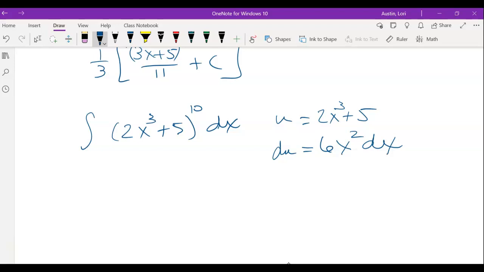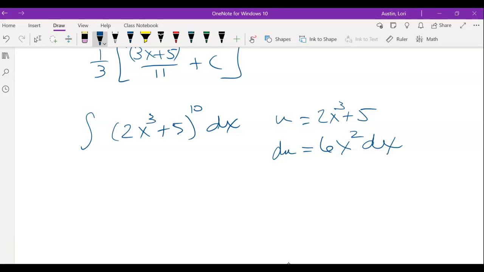Now, can I apply the u substitution rule here? I can introduce constants. What I cannot introduce are variables. The derivative in this case has a variable that is not in the problem. Do you see that? Does everybody see?